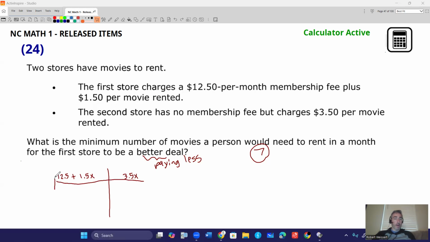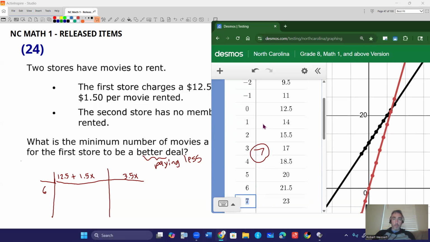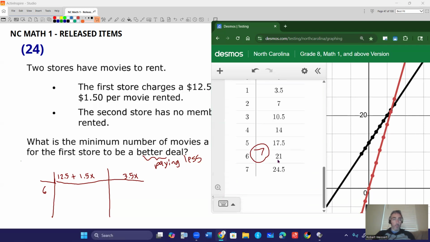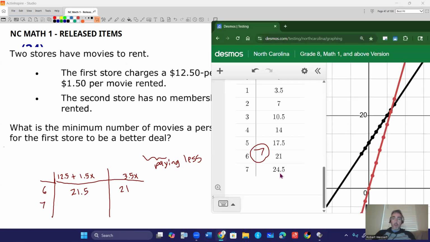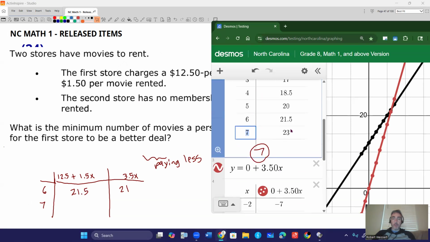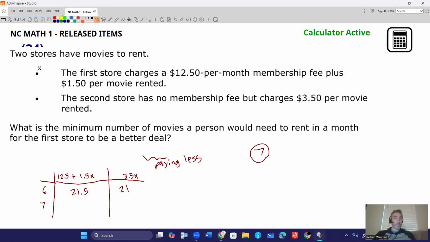If I plug in my value of X as 6, for the first one I get 21.5, and for the second one I get 21. Then for 7, I get 23 and 24.5. So with 7 movies, this is going to be paying less.